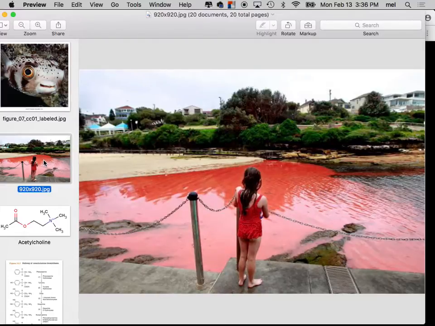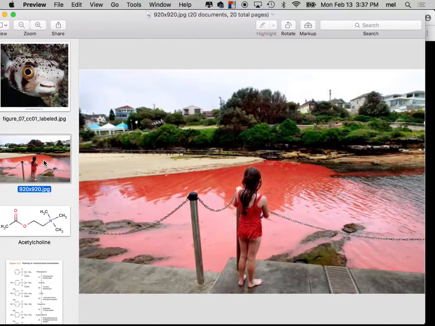These dinoflagellates produce a neurotoxin, and they make the entire area red. This is a picture from Texas, by the way. It has to be relatively warm, so it's closer to the equator, not in the far northern hemisphere. They produce a neurotoxin so powerful that you can't eat anything that comes out of the ocean for weeks on end.